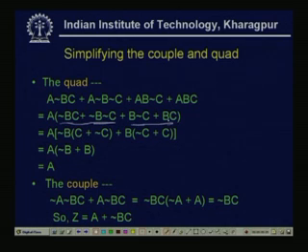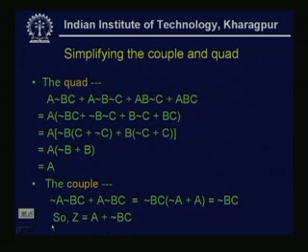Similarly, from the last 2 min terms, B is common, so this will be C bar plus C. Now, C plus C bar is 1. So, A times B bar plus B, and again B plus B bar is 1. So, the quad reduces to A.